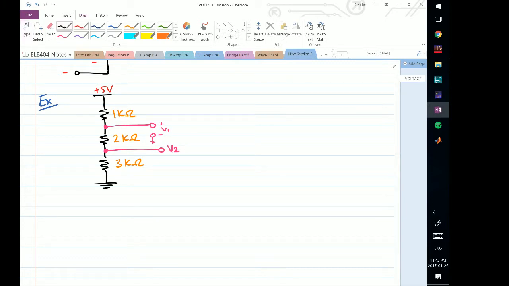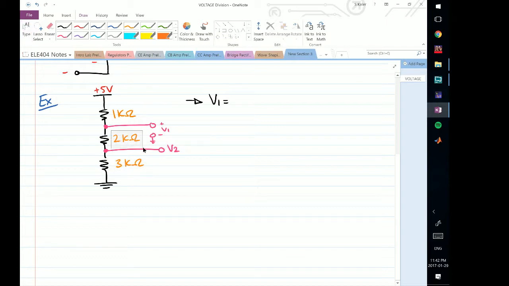So now using voltage division, we can say that V1 will equal the voltage between this point and ground. Now the voltage between this point and ground will depend on all the resistances between this point and ground. Therefore, the resistances between this node here and ground are 2 and 3.